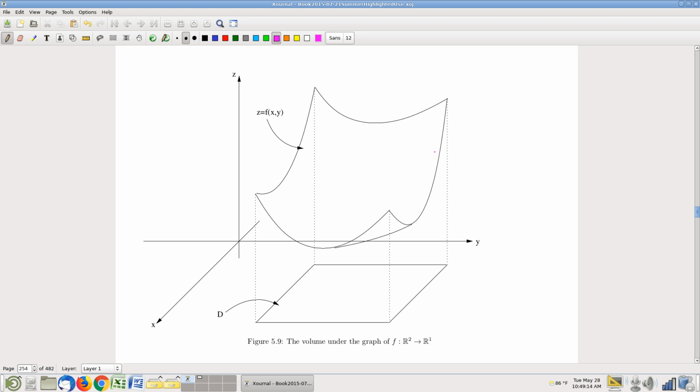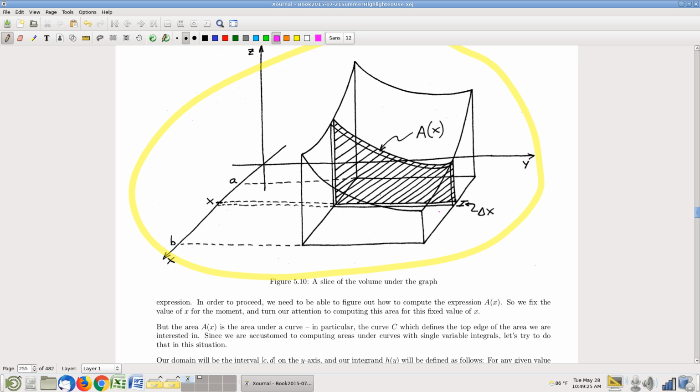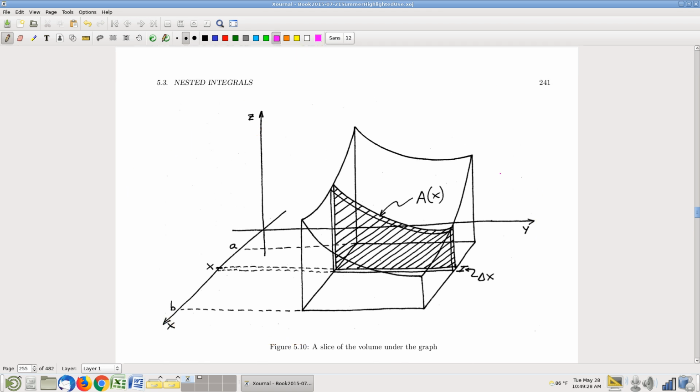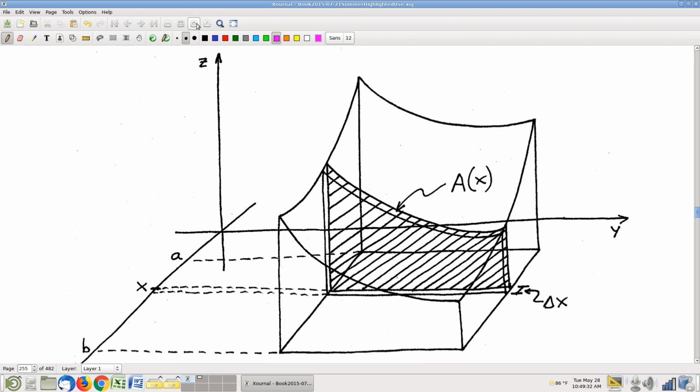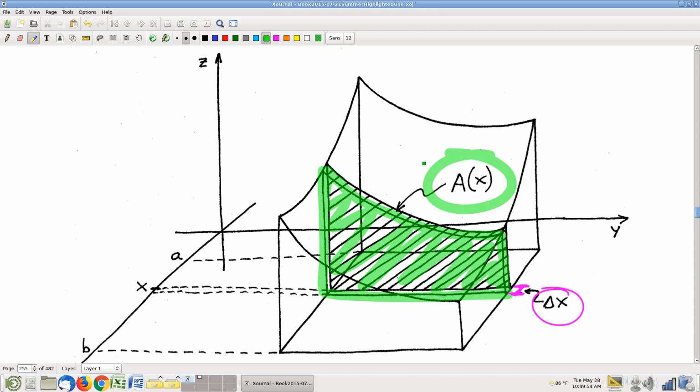So here's what I'm going to do. Even though the question that we're looking at here, this volume under a surface, is not a rotation, and the cross sections are not circles, I can nevertheless argue that, a dead end though this may appear to be, if I were to figure out what this cross-sectional area is, and multiply that cross-sectional area times this thickness, delta x, the area of that cross-section times the width, namely the thickness, A of x times delta x, would give me the volume of this odd little slice of bread or whatever, right?